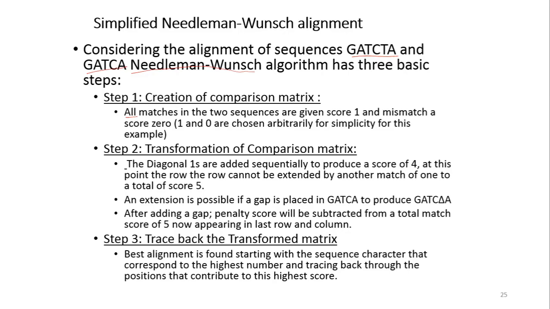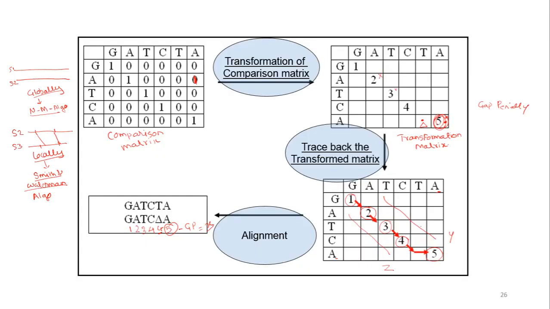So what can you expect? I told you that you would first have to create a comparison matrix, then transform that comparison matrix, then perform a traceback of that transformation matrix, and finally you can obtain the final alignment where you can decide where to give a gap or not.